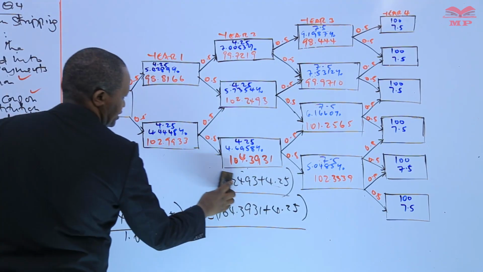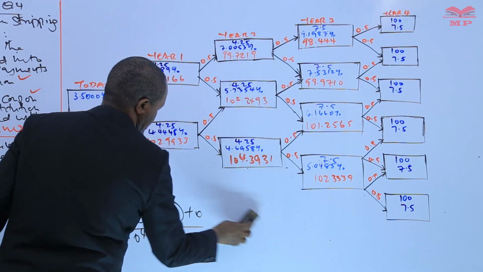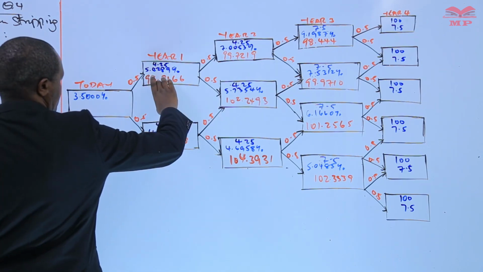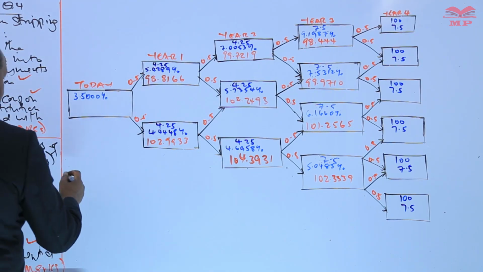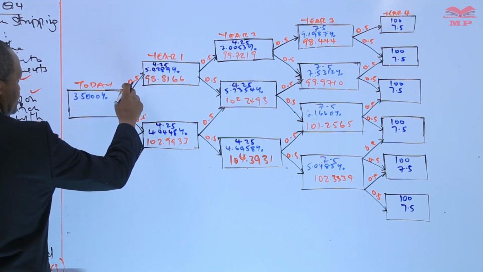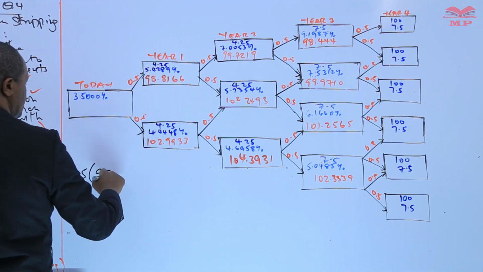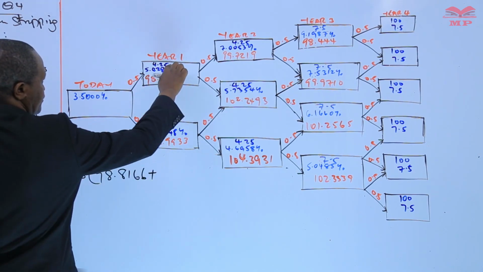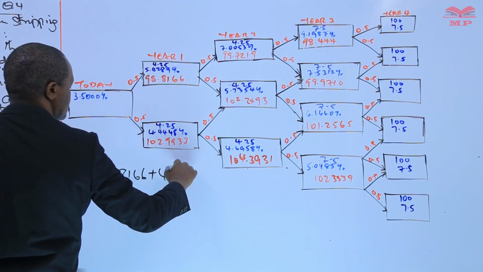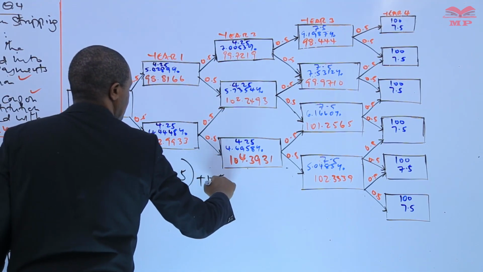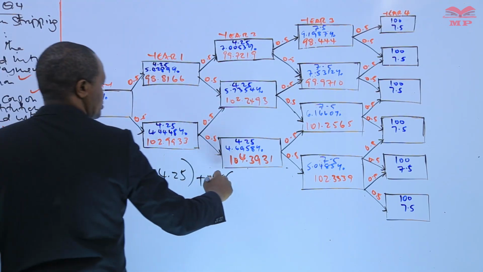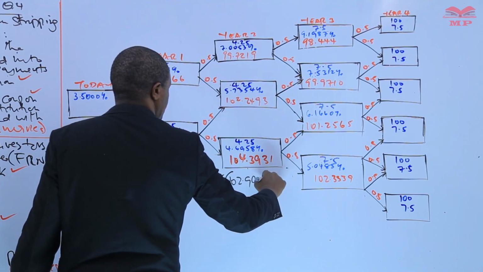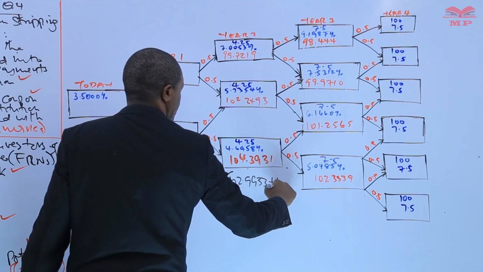We want to move back to the last node. The last node, we're going to take these two, which is 0.5 into 98.816 plus 4.25 plus 0.5 into 102.9933 plus 4.25.